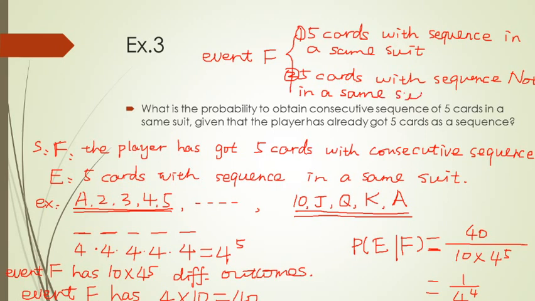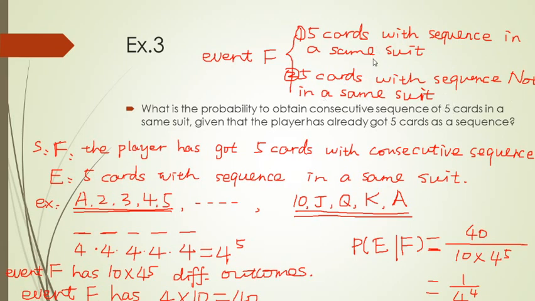You might have heart plus diamond, or you might have all of them. You can have the spade A, heart 2, diamond 3, club 4, then spade 5, like that. So event F can be divided into 2 parts: 5 cards with a sequence in the same suit, and 5 cards with a sequence not in the same suit.